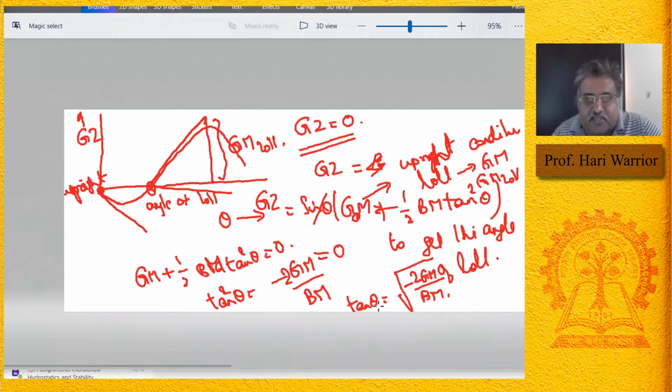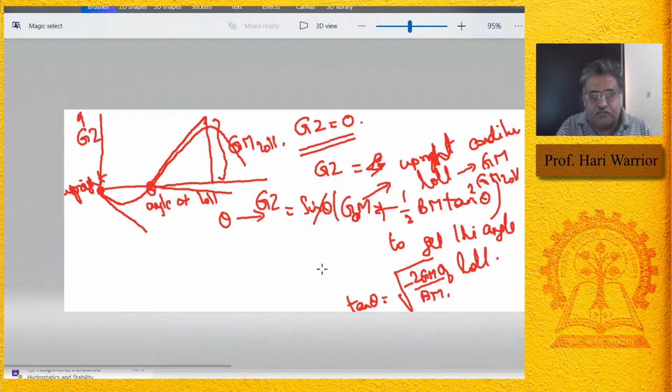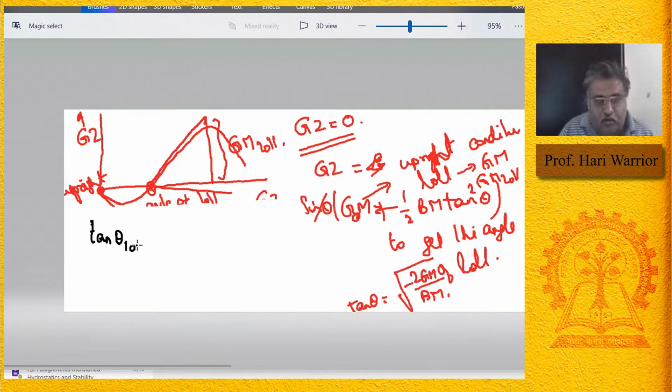Tan theta, where theta is the loll angle, equals square root of minus 2 GM by BM.